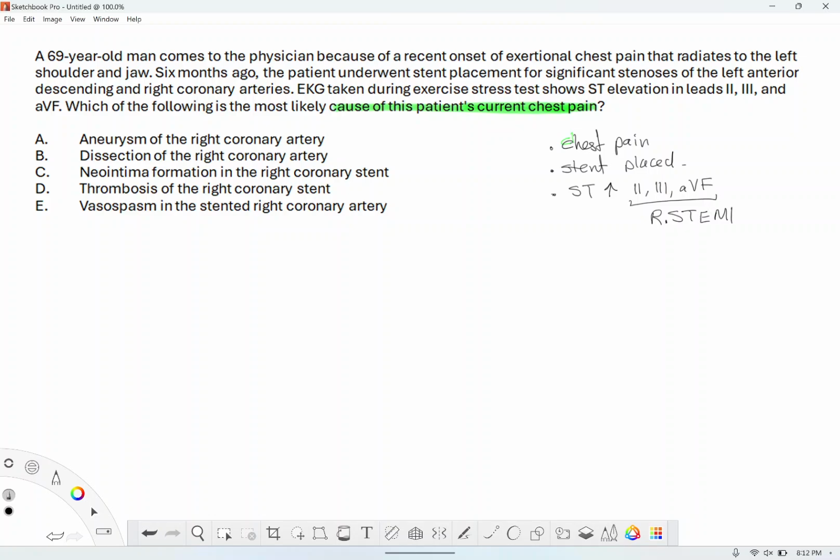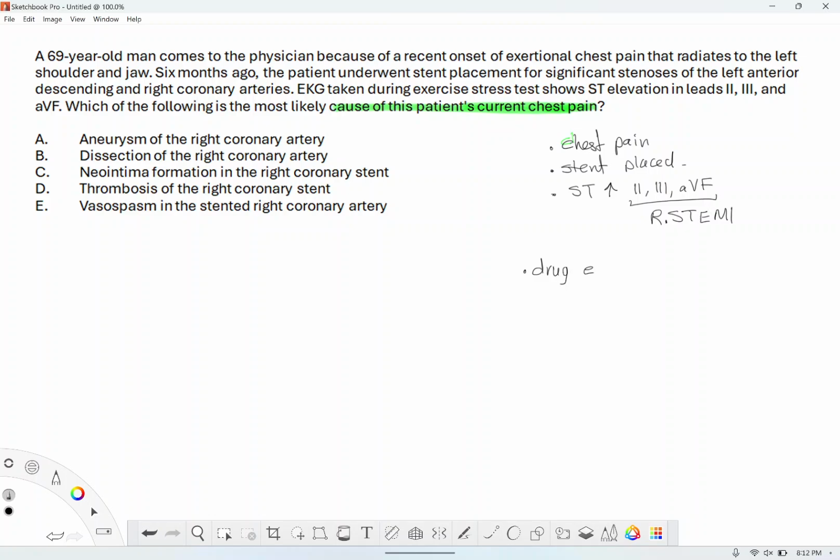Okay, so chest pain. And the issue here is what could be the cause of this? Well, usually when a stent is placed, the stent should have the ability of releasing drug.